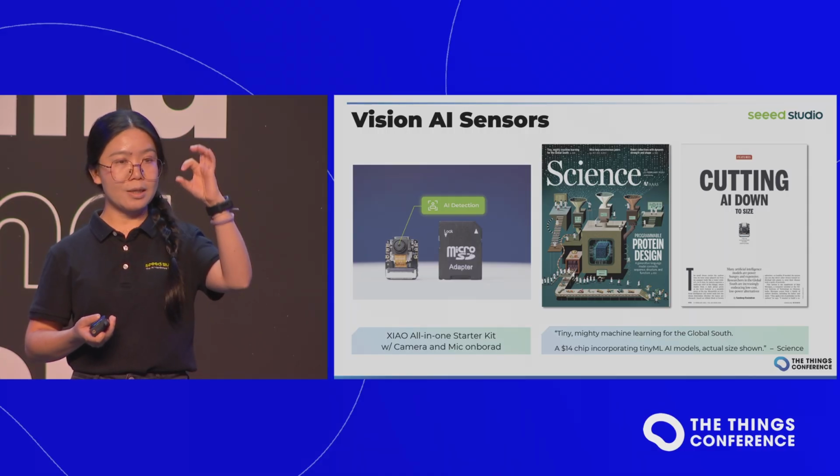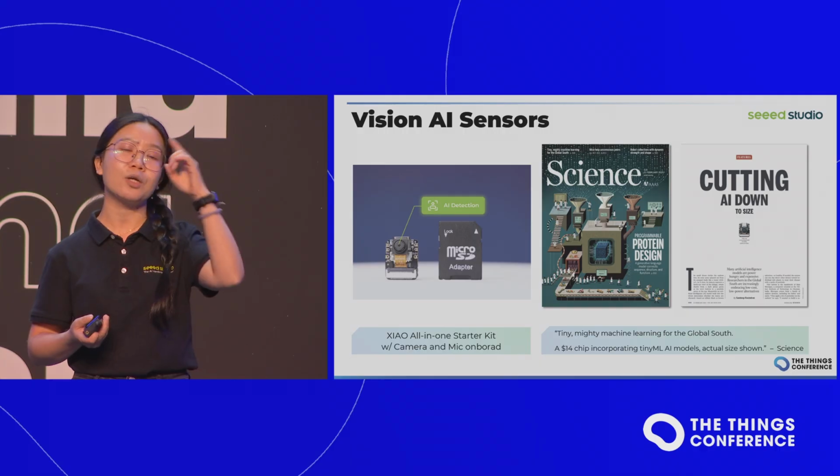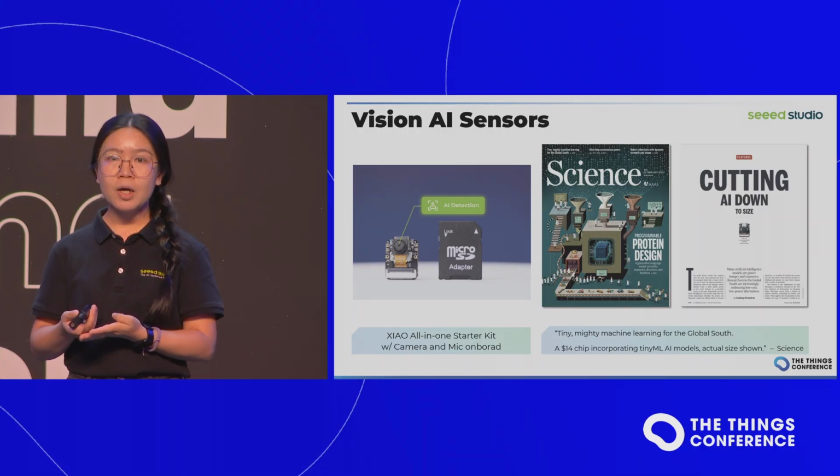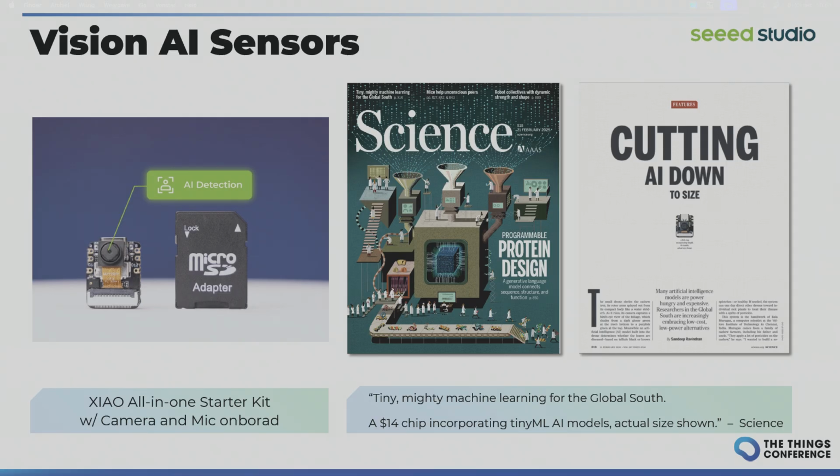It's a thumb-size microcontroller with a camera and a mic, and you can train your own model, and then it can run person detection or classification, etc. And this tiny product is called the Xiao ESP32S3 Sense, and it's been featured by Science magazine as well, mentioning its contribution to the development and adoption of AI in the global south.